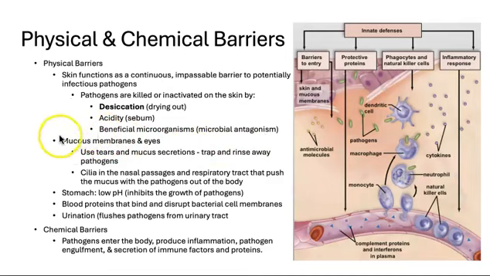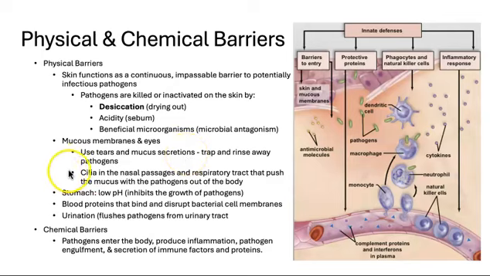We also have our mucosal membranes that line areas like our digestive tract, respiratory tract, and our urogenital tract, and areas of our eyes. Our eyes can use tears, whereas mucous membranes can utilize the mucus secretions to trap and rinse away the pathogens.